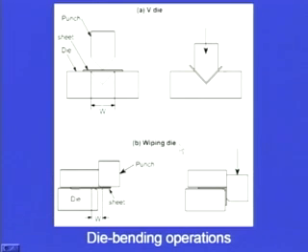In the case of a wiping die, this is just a supporting block for the sheet metal, this is the die, this is the punch, and this arrow depicts the motion of the punch. When it comes down it forces the sheet metal to bend. Initially we had a flat sheet metal, and then we created a bend using a wiping die.